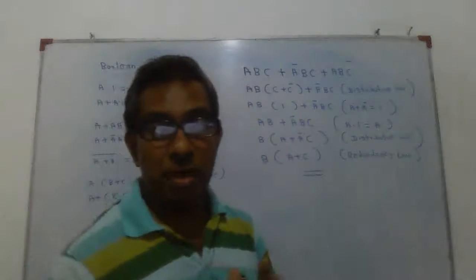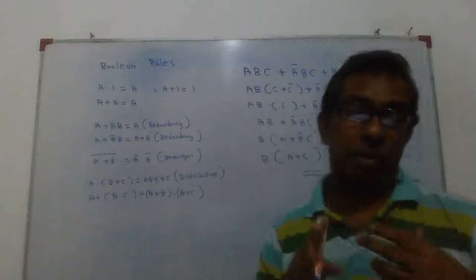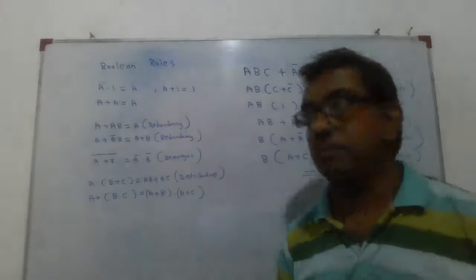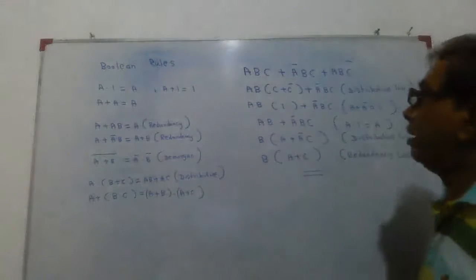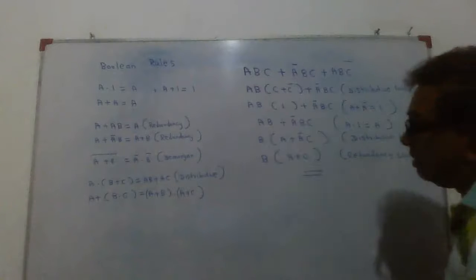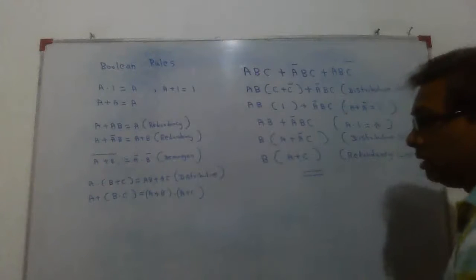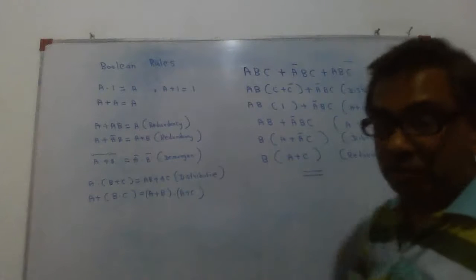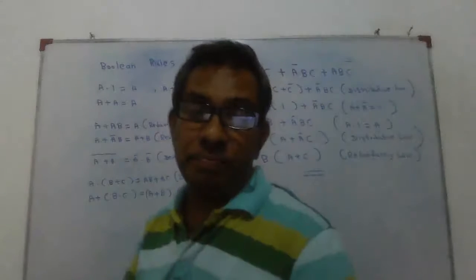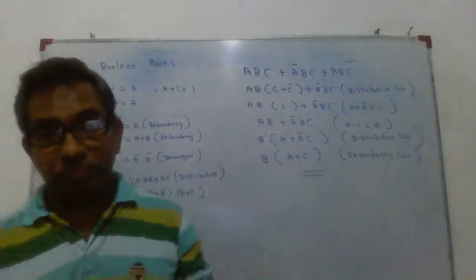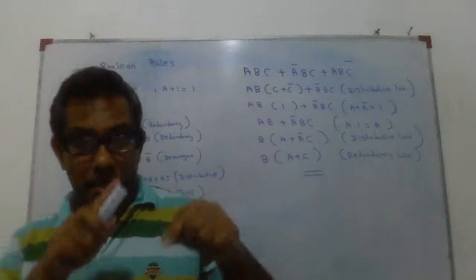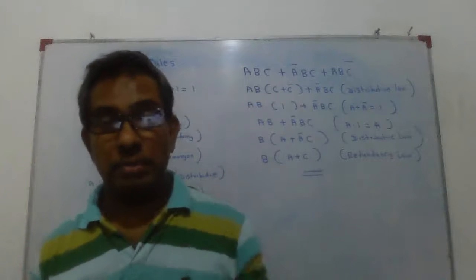Right. Now you need to explain this simplification part with the support of these laws. So this is not the end anyhow, this is the beginning. After practicing these things and after getting the idea properly, it takes time.